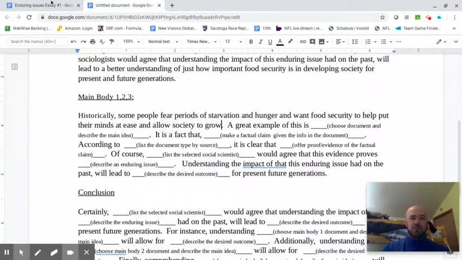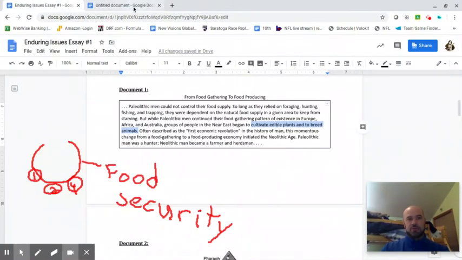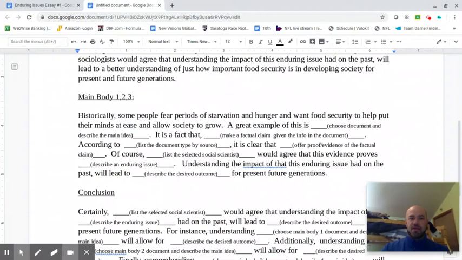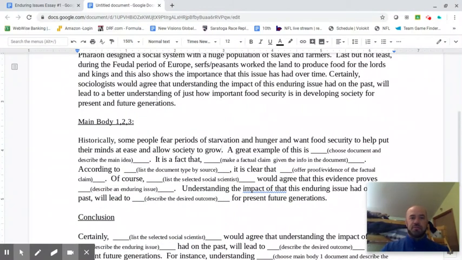And the according to, you can pull those quotes right out of the document. And then, of course, the sociologist, kind of back to our thesis statement up here, a sociologist would agree that understanding the impact of the Neolithic Revolution with regards to food security allows us to understand the importance of food security at our own time period in history right now and in the future.